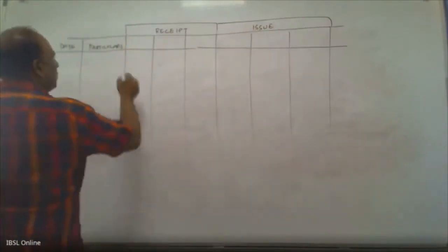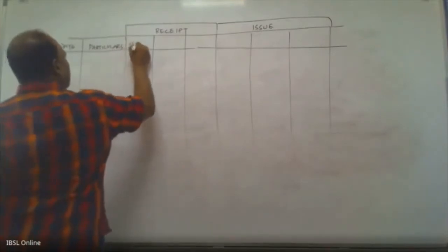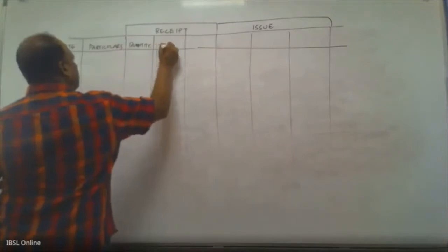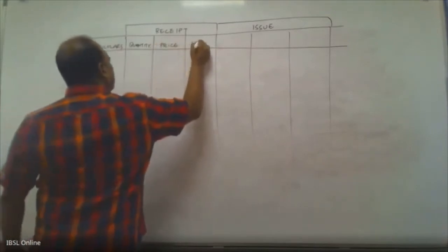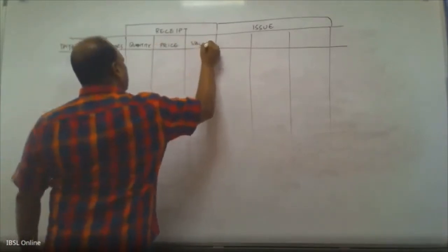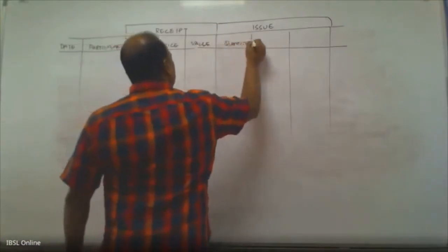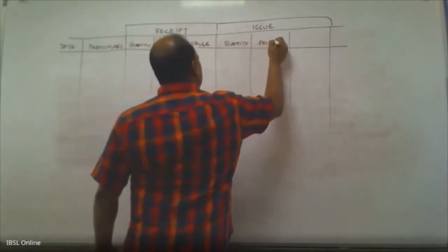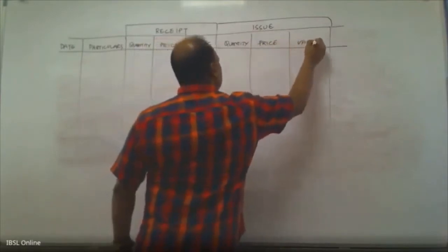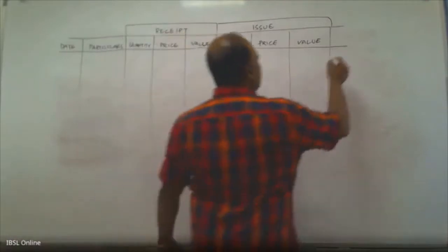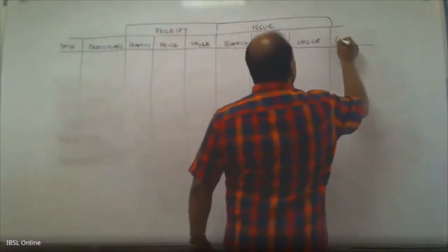Okay. So what do you have here? Quantity, price, value. Again quantity, price, value. And then finally you have the running balance or closing.